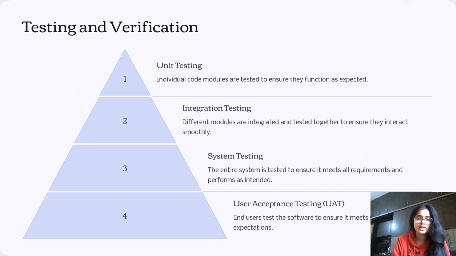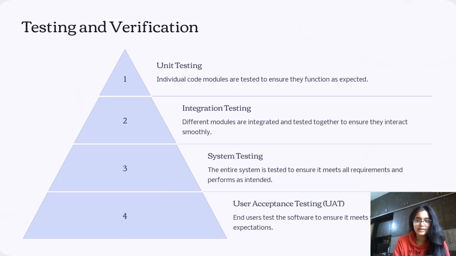Next is testing and verification. Under this, we'll be learning about unit testing, integration testing, system testing, and user acceptance testing. First is unit testing. Individual code modules are tested to ensure they function as expected. Second is integration testing.